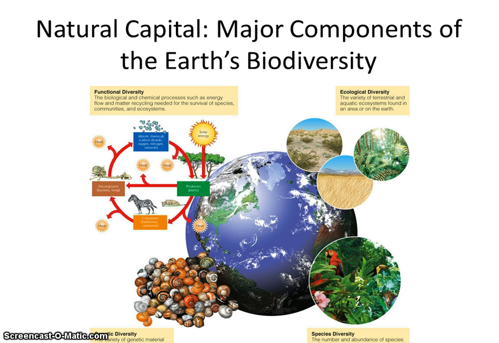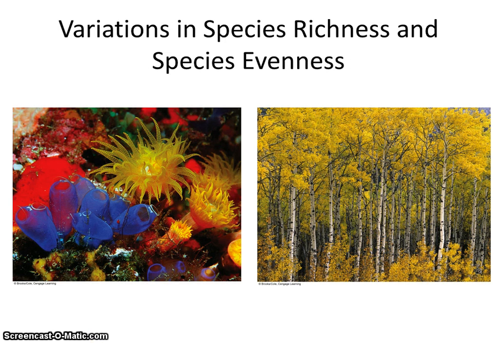Plants are needing to migrate, animals are needing to migrate, and the fact that we have diverse habitats for them to migrate into is a good thing. Species diversity, on bottom right, this is the most common type of biodiversity that we talk about. When we just say the word biodiversity, we're really talking about species diversity. And then genetic diversity, which is incredibly important as we move on to talk about evolution.